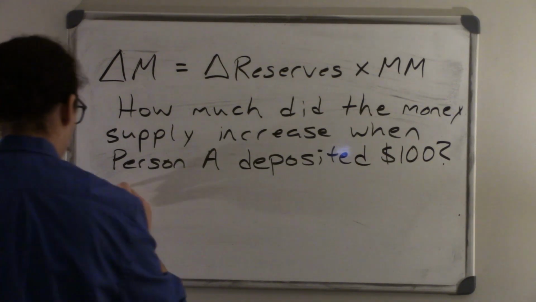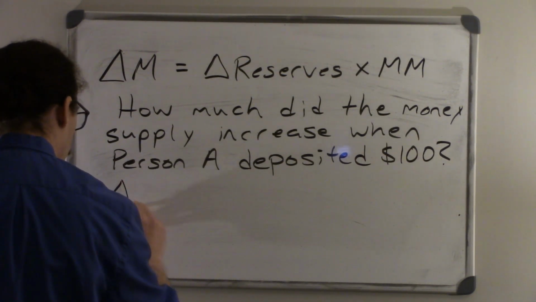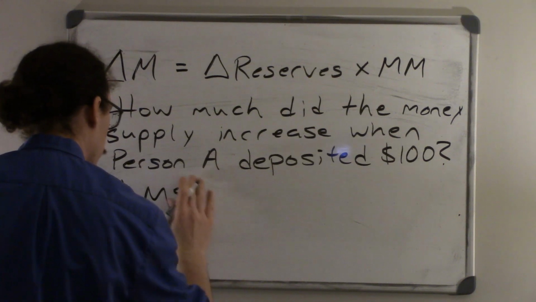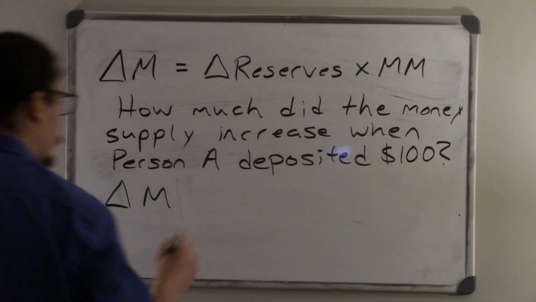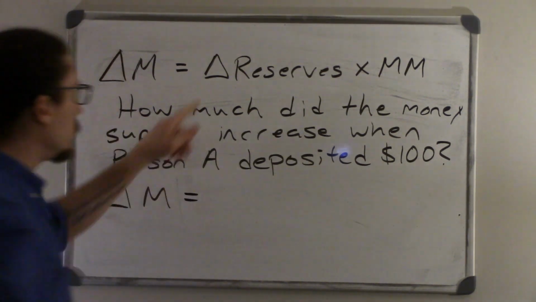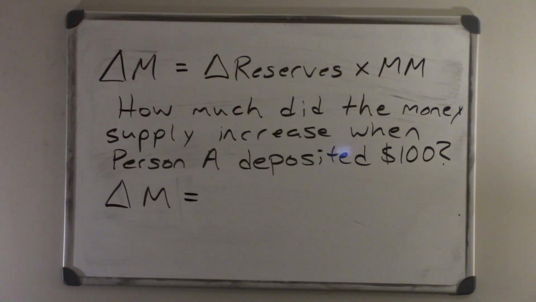The change in our money supply is equal to the change in total reserves.